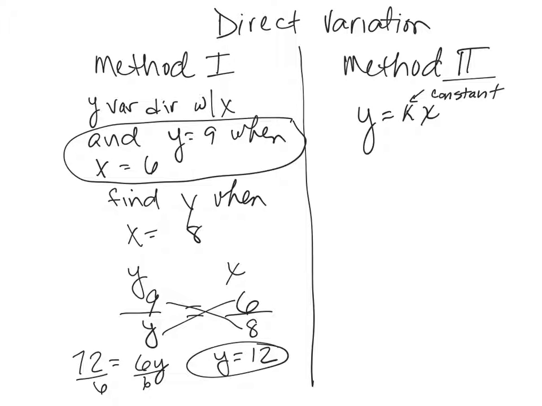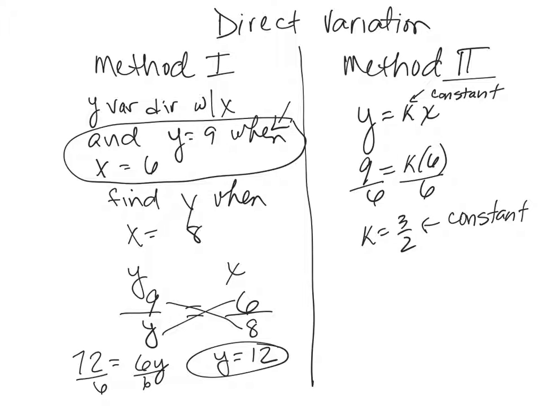So we use the complete set of information right here to find k. So we know y is 9 when x is 6. Now, is it easy to find k? Yeah, just divide by 6. And k would be equal to 3/2. All we have found here is the constant.